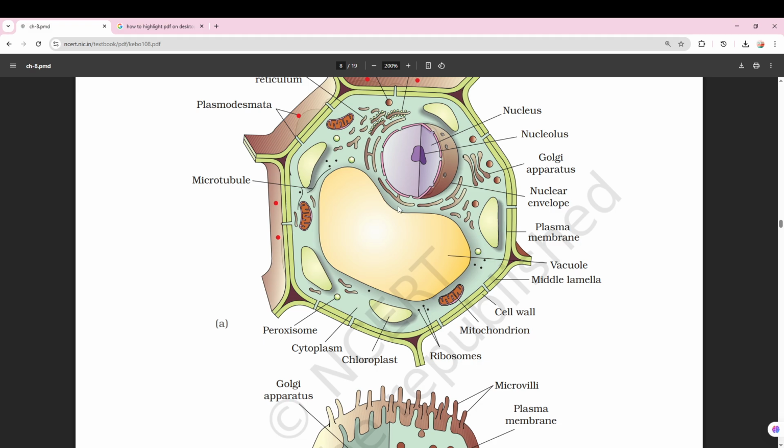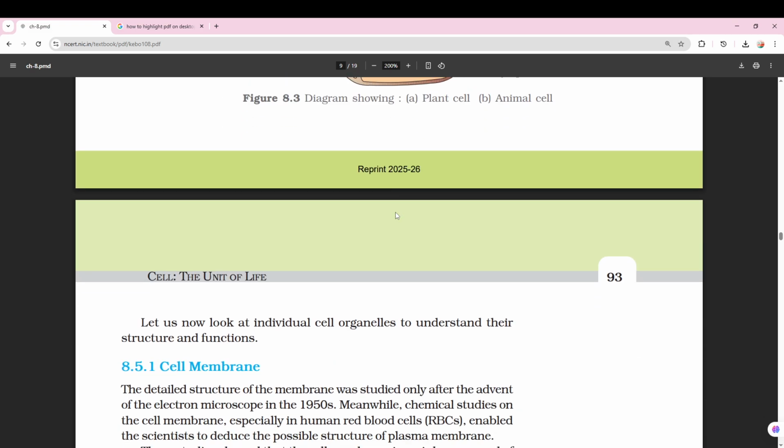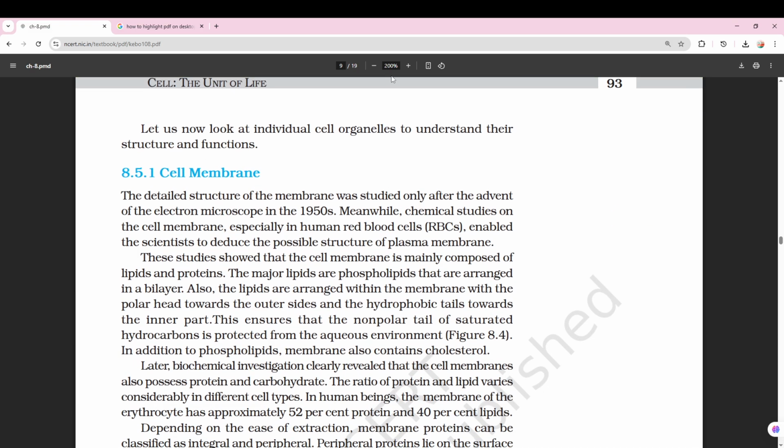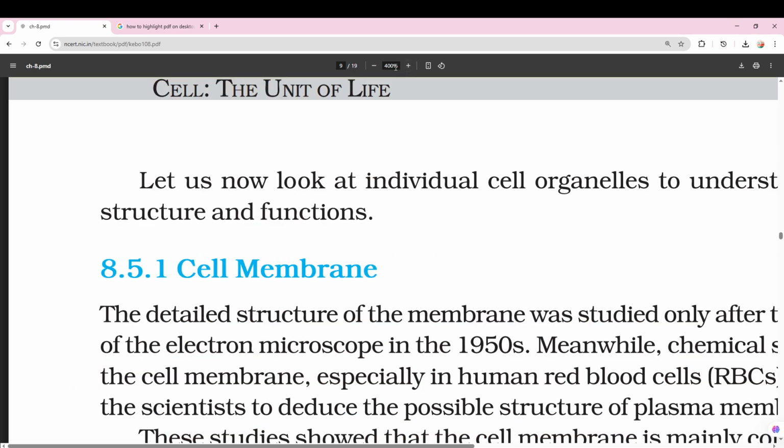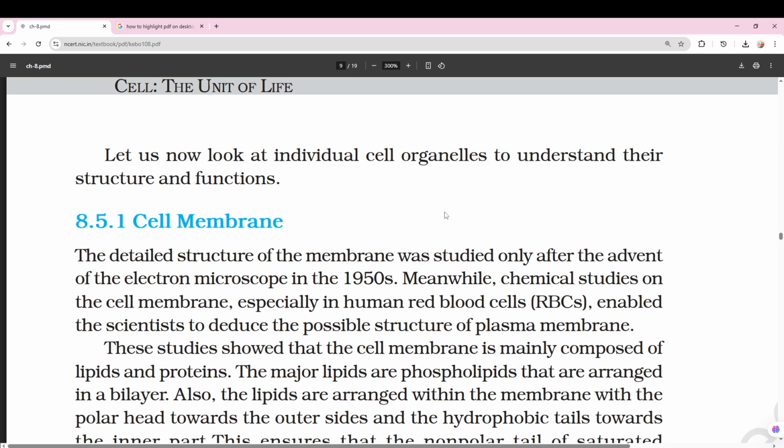I'll come to this diagram later, but first let us understand the organelles. Let us now look at individual cell organelles to understand their functions and structure.